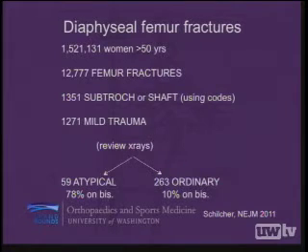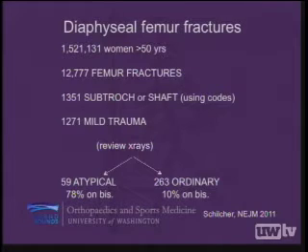So they looked at 1.5 million women, basically everybody in Sweden who was over 50. They found 12,000 femur fractures. Of those, 1,351 were in the diaphyseal region by using the codes. And then they looked at the ones who just had mild trauma because they knew whether they had trauma. And then they looked at the x-rays, and here's where we get our real separation.